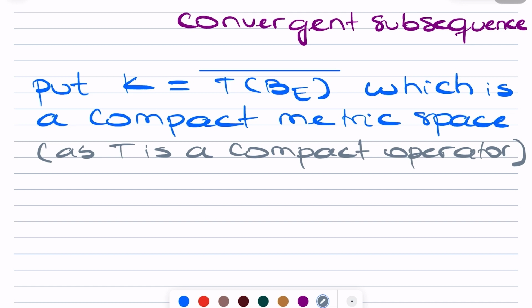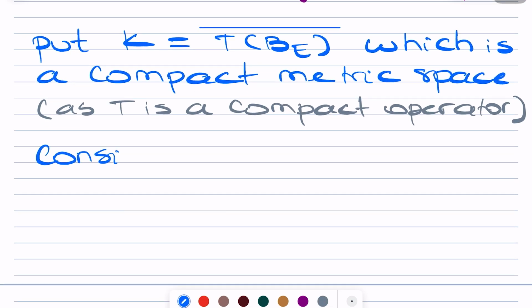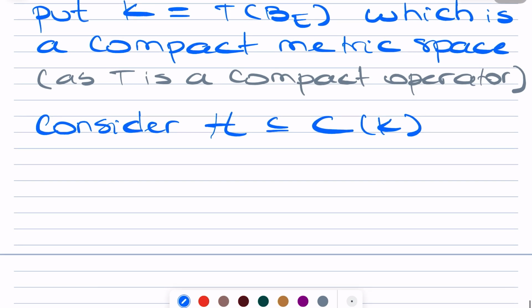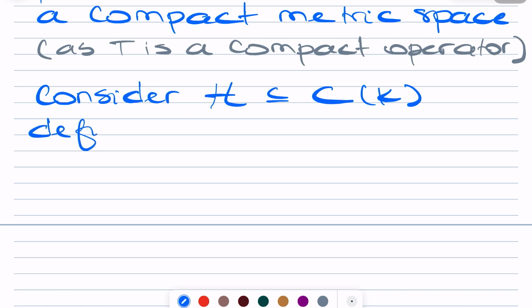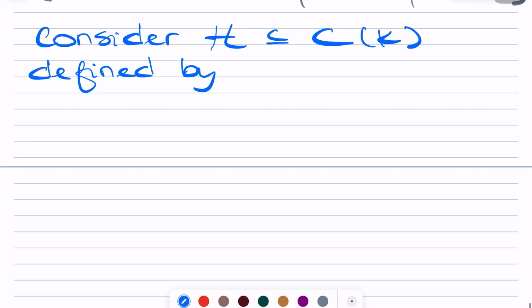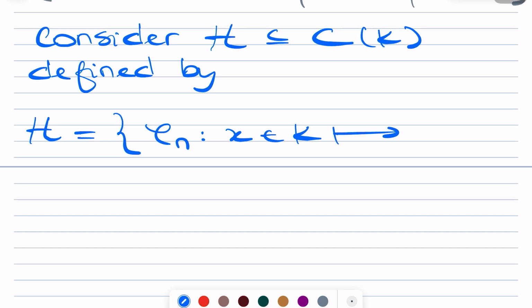Now consider H, a subset of the space of continuous functions over the compact metric space K, defined by H being the set of functions phi n, which map an element x of K to the duality pairing of Vn comma x, and this of course for every n greater or equal than 1.